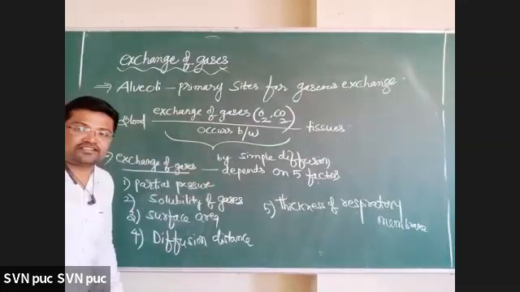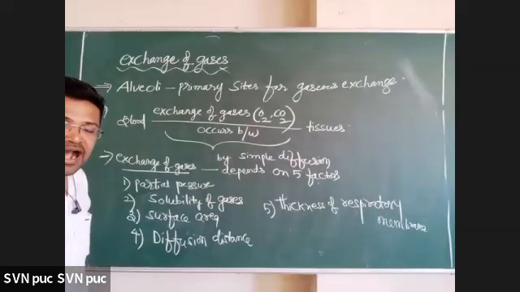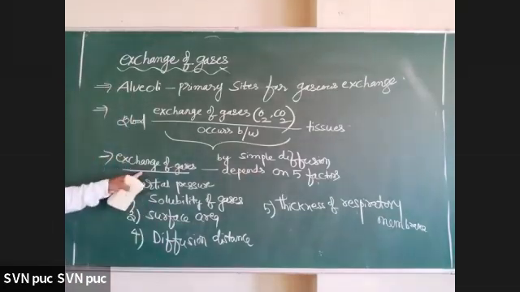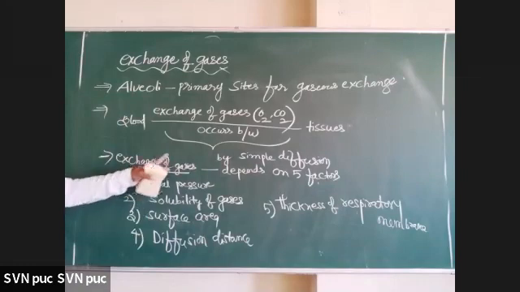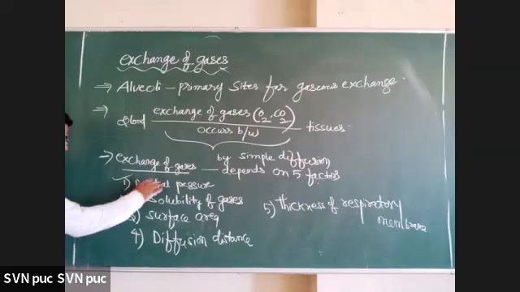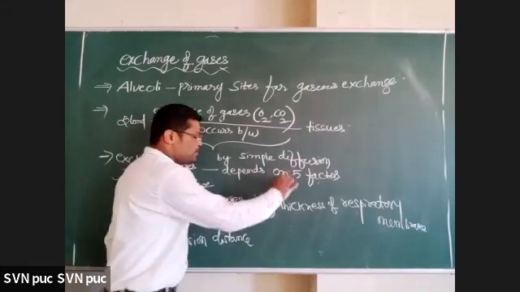I will explain all these factors individually. Don't worry. Exchange of gases depends on five factors, namely number one, partial pressure. Second, solubility of gases. Third, surface area. Fourth, diffusion distance.